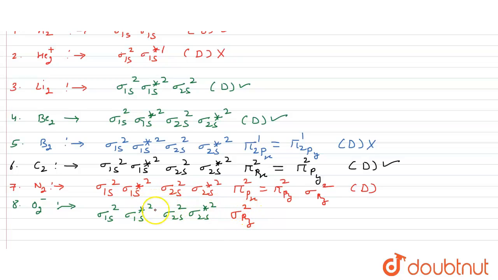Here you can see 2, 4, 6, 8, 10 electrons, and after this we get a pi orbital, that is pi px equals pi py. So here 2 here 2 here, now it becomes how many electrons? 2, 4, 6, 8, 10, 12, 14, and after this we have pi px anti-bonding, which is also equal to pi py anti-bonding, right?